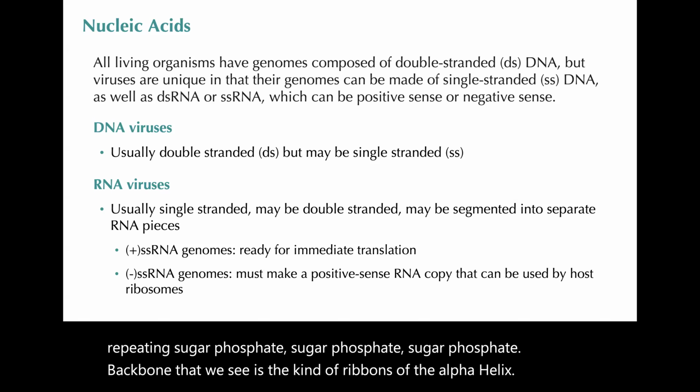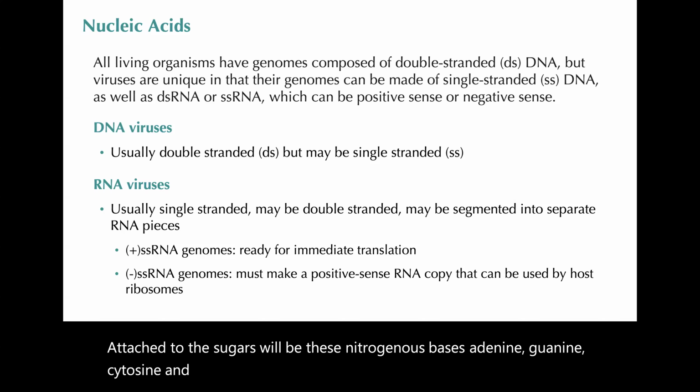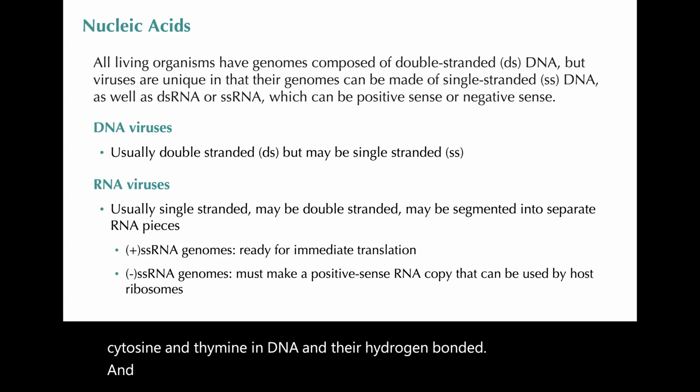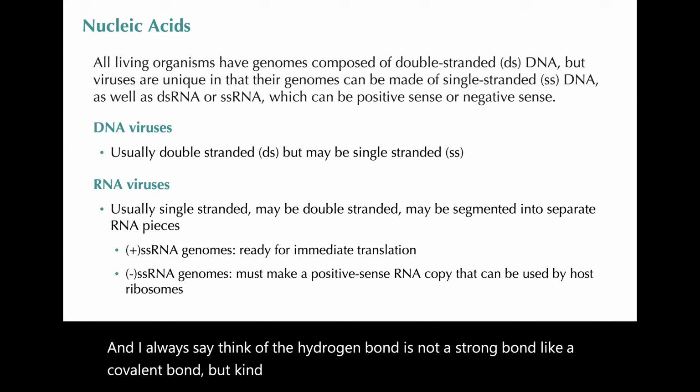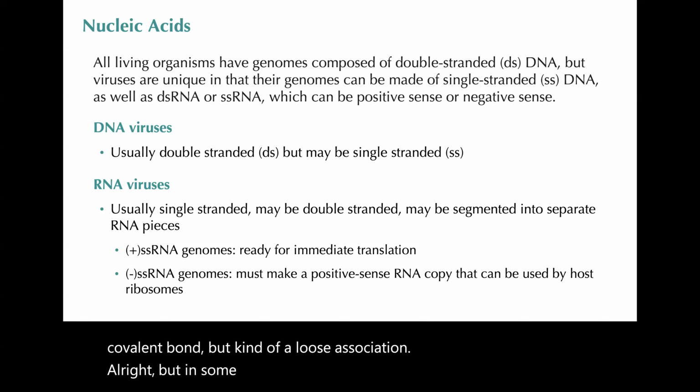Attached to the sugars will be these nitrogenous bases, adenine, guanine, cytosine, and thymine in DNA, and they're hydrogen bonded. And I always say, think of the hydrogen bond as not a strong bond like a covalent bond, but kind of a loose association. All right. But in sum total, we're going to have a lot of hydrogen bonds holding our DNA together.